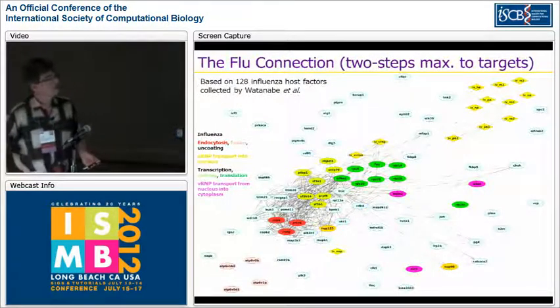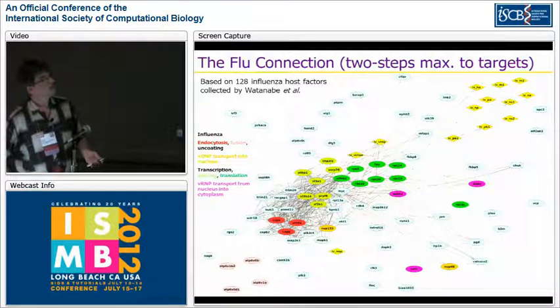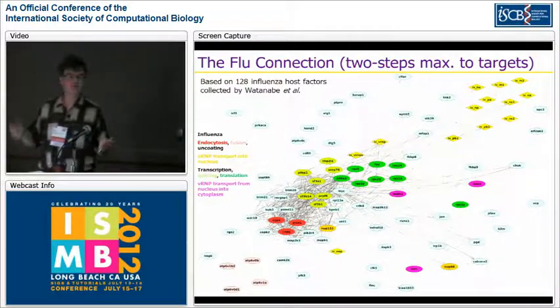So in a more concise way, using the data from Watanabe as a starting point, and Watanabe used RNAi screens from predicted and from published screens, and he looked and I found 128 influenza host factors that are at least common in 2 of these screens.